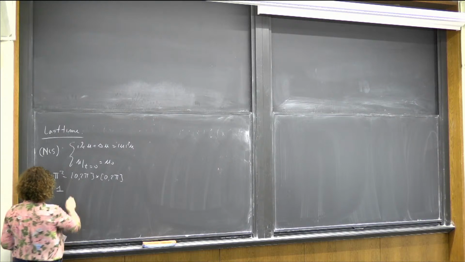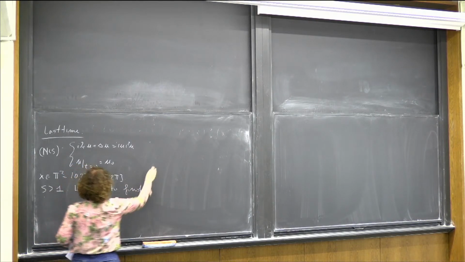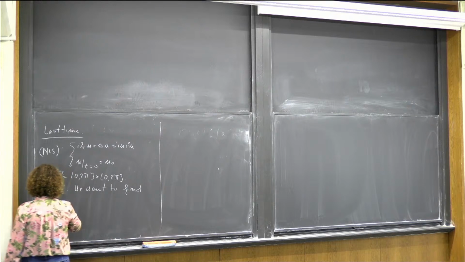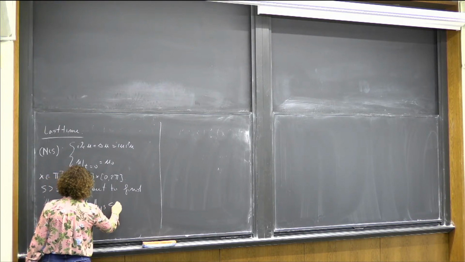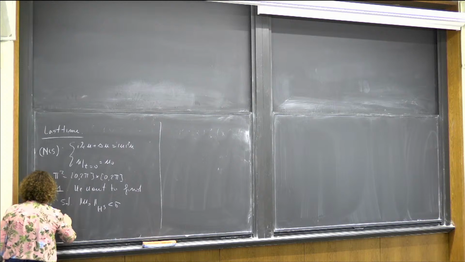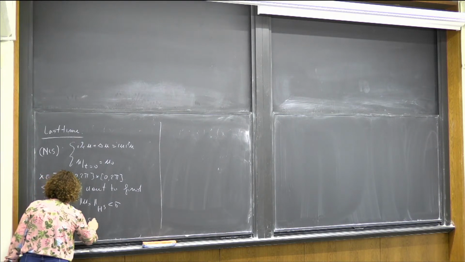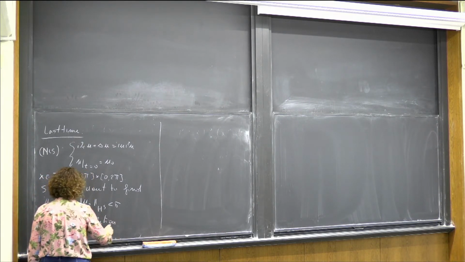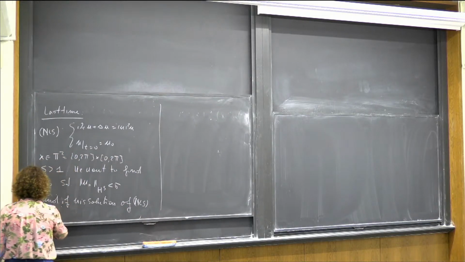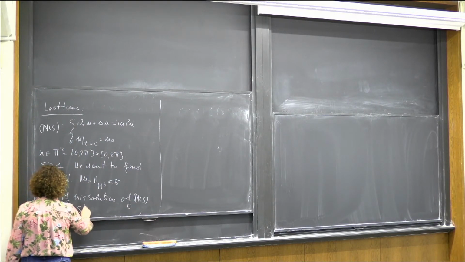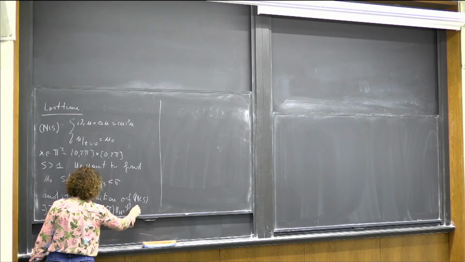So we want to find U0 such that the Hs norm of U0 is less than sigma, and if U is a solution of NLS with this U0, we can show that there exists a time t very large such that this norm at t is greater than k.